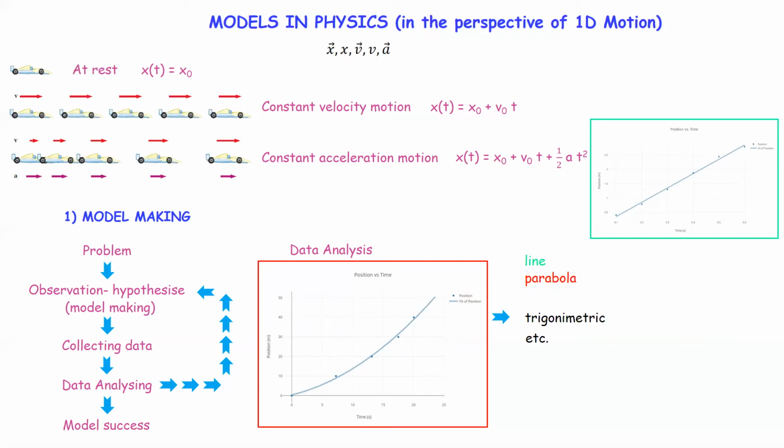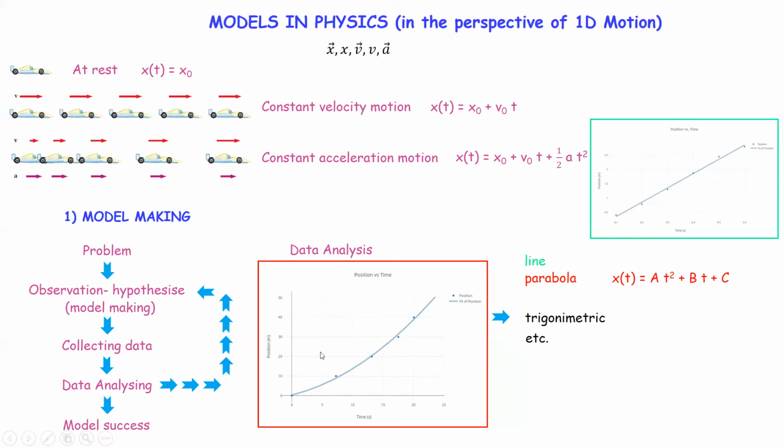So you are not developing a new model, you are just choosing known mathematical functions for your data, so that your data fits a parabola, line, etc. For example, a parabola has this general expression: a t squared plus b t plus c.